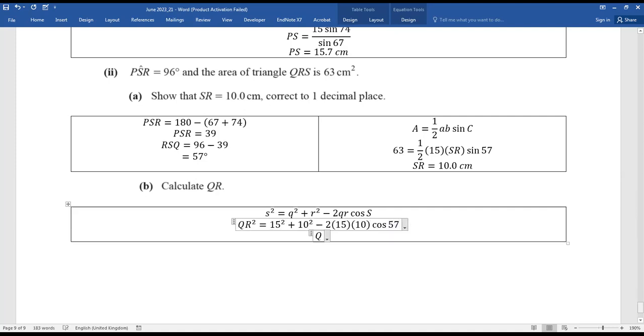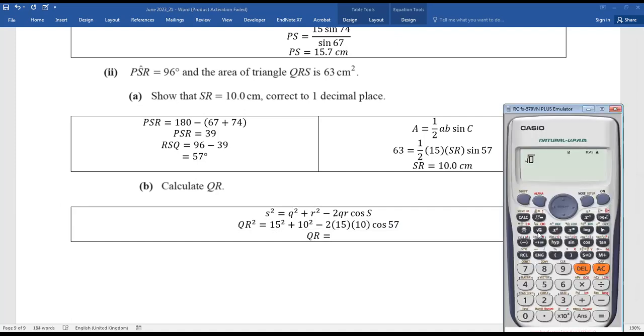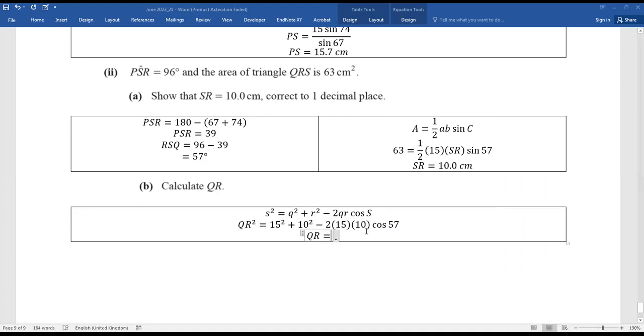You square root the entire thing in your calculator, and it is 12.7 centimeters. That is how you can find QR.